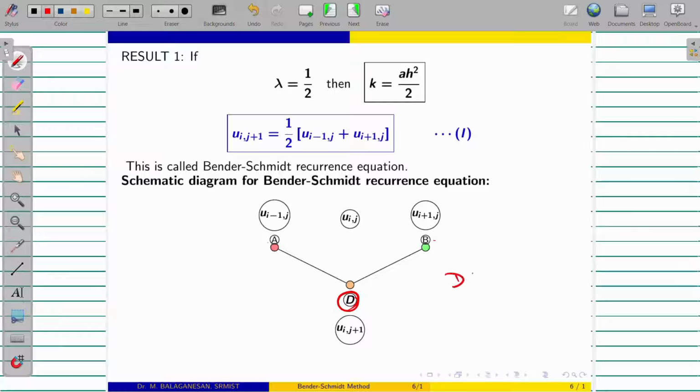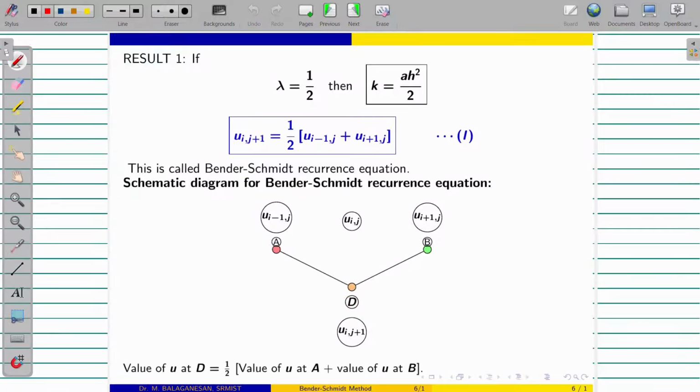So d is equivalent to 1/2 of a plus b, the average of the right top position and left top position by 2, the average of the two values. That's it. This is the diagrammatic representation for the Bender-Schmidt method, guys. D is equivalent to 1/2 of the value at a plus the value at b.